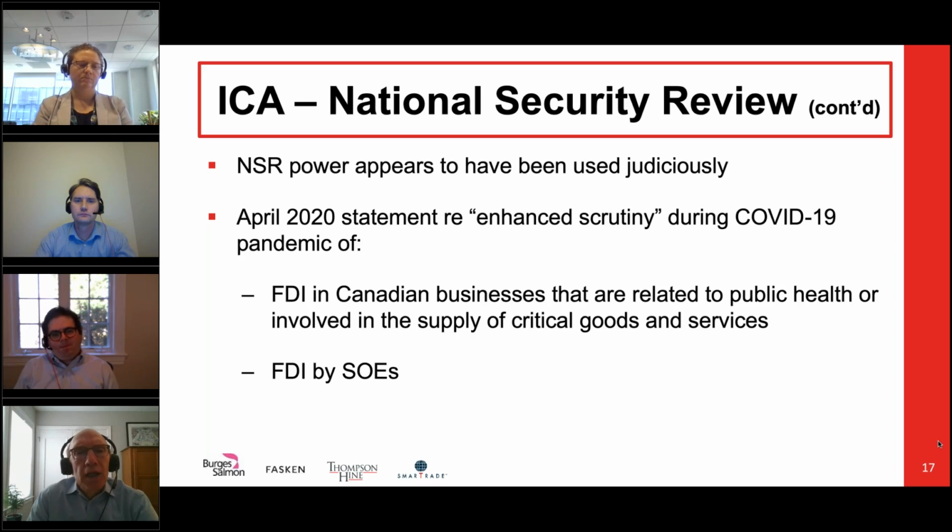The other category that would be subject to enhanced scrutiny is acquisitions of control or acquisitions of any sort by state-owned enterprises. And there, the government will be focused on the commercial orientation of the investment. And that is, is the SOE acquiring the interest for commercial purposes?